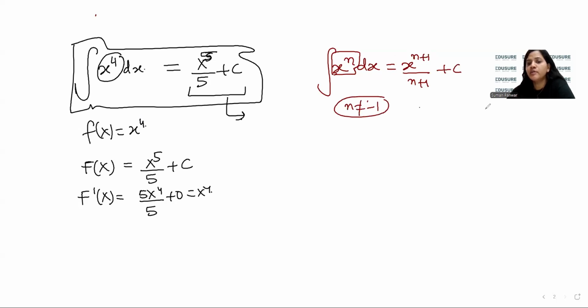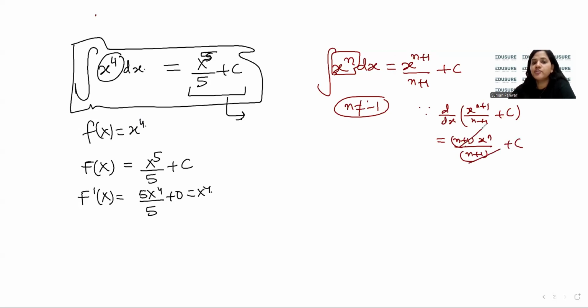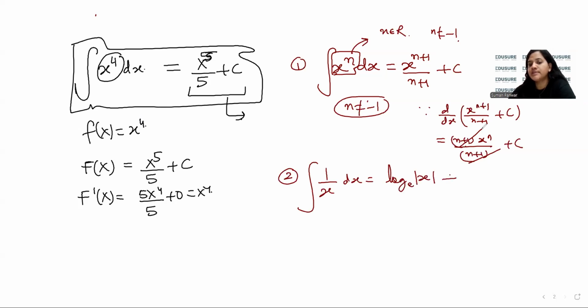And you can see, because when we differentiate x power n plus 1 upon n plus 1 plus c, we will get n plus 1 x power n divided by n plus 1 plus c. Okay, so this is the first observation. Now this will hold for any real number n where n is not equal to minus 1. And what if n is equal to minus 1? That means if I have a situation like this, this is going to be log with the base e mod of x plus c. So these are certain observations.